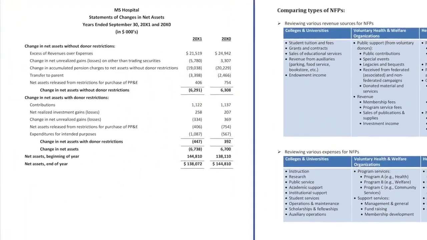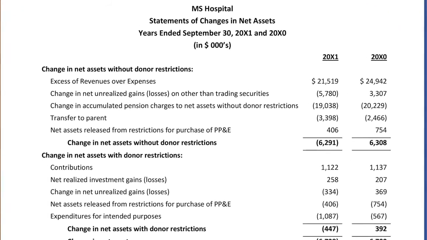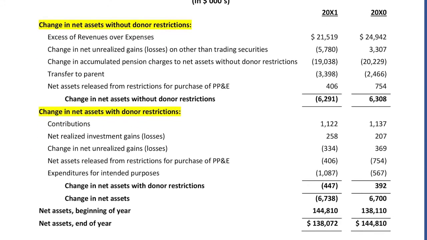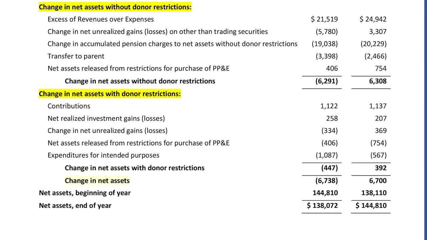Turn to page 64, where we've got a sample statement of changes in net assets, which includes change in net assets without donor restrictions, change in net assets with donor restrictions, and that gets us to the overall change in net assets.